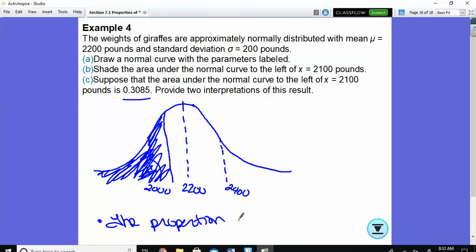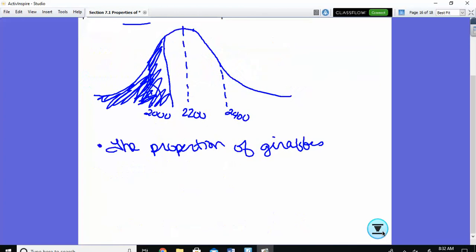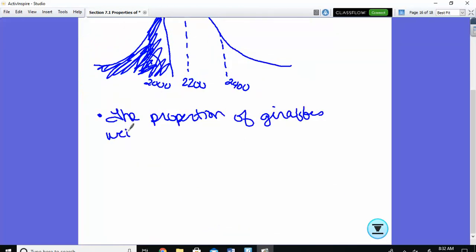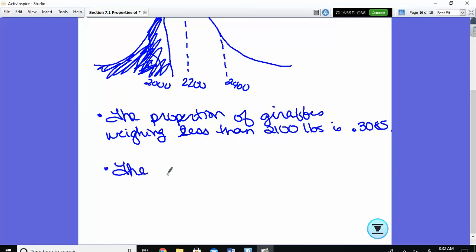So I could say the proportion of giraffes, and this is 2,100 and to the left, so that would be less than, weighing less than 2,100 pounds is 0.3085.